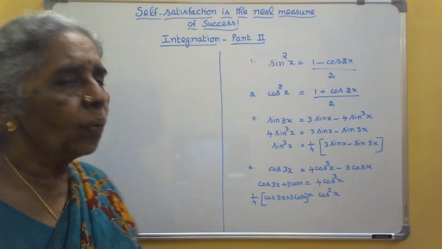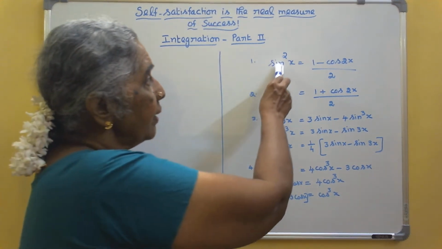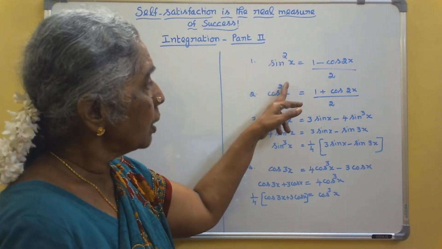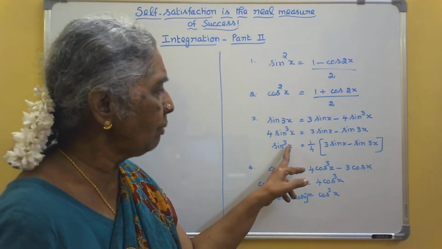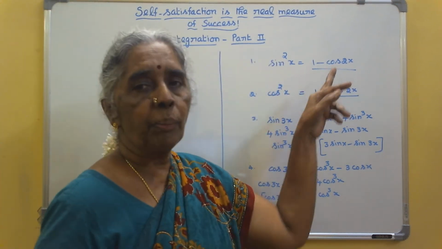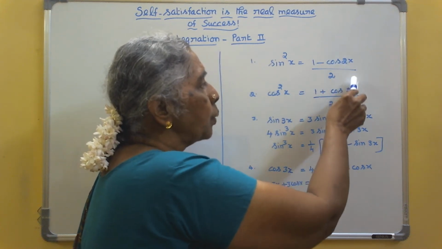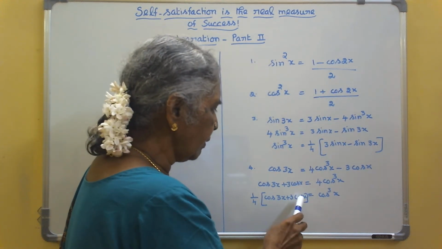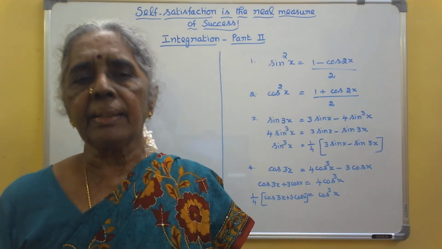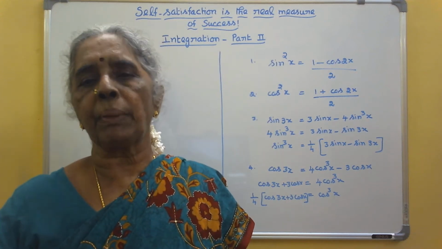In all these 4 cases, you can notice one similarity. That is, here you have powers: in the trigonometric function you have 2 in these two and 3 in these two. Now, we are having a formula where we get them in terms of multiple angles like 2x here and 3x and x here, because we can easily integrate any trigonometric function if it is in terms of multiple angles.